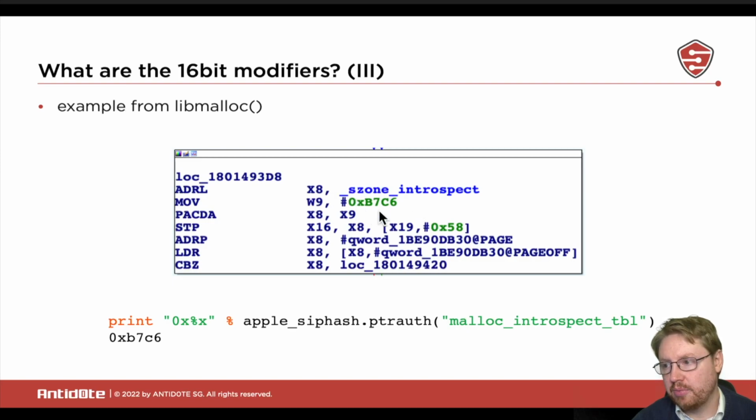The good thing about these magic modifiers is that because they are derived from actual strings, they will not change across versions normally. So that means they're quite handy for reversing code because they basically give away the string that was used to derive them.